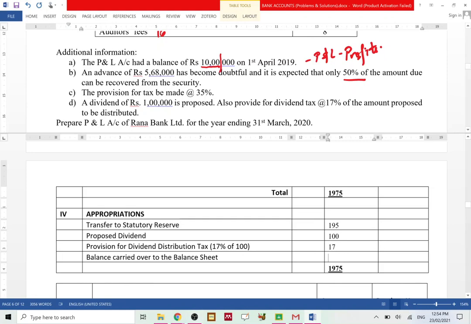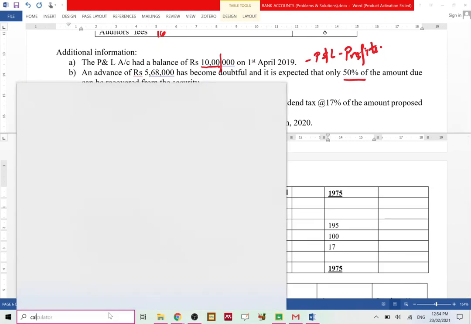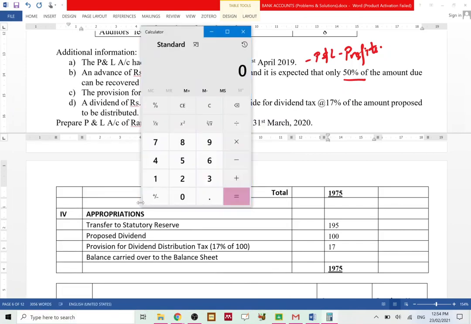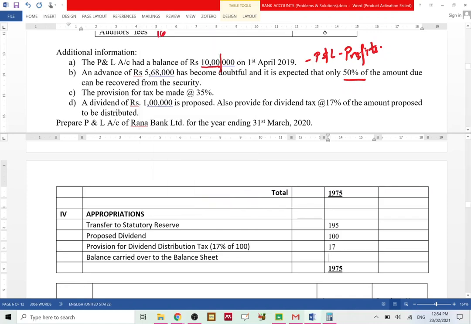So let's calculate this. 1975 when you minus the other amounts from it, minus 195 minus 100 minus 17. The balance of profit carried forward to the balance sheet is 1663.